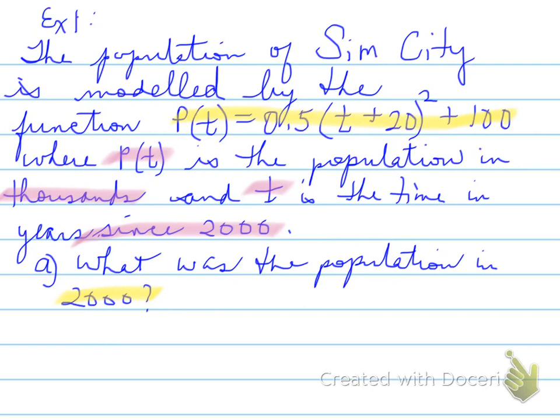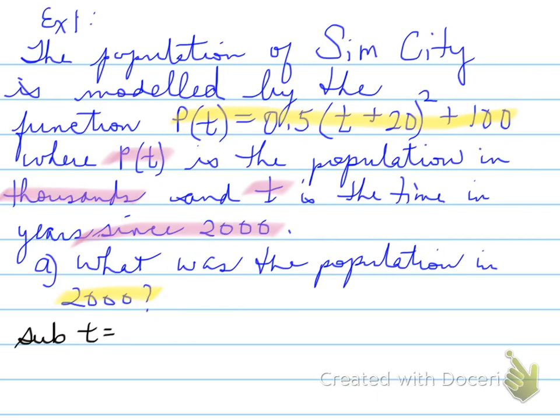So we're asked, what was the population in 2000? What does that mean? Well, that means we need to look at how many years it is from the year 2000 when we want the year 2000. So how many years is it between these two values?